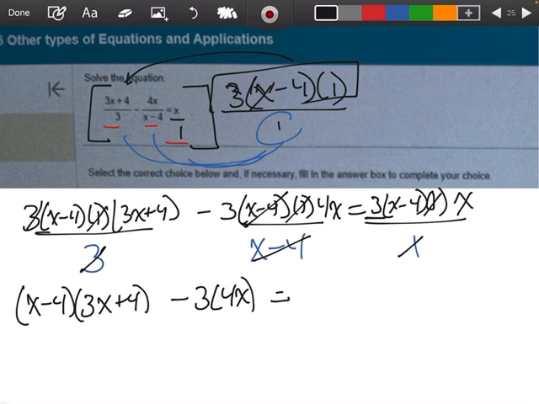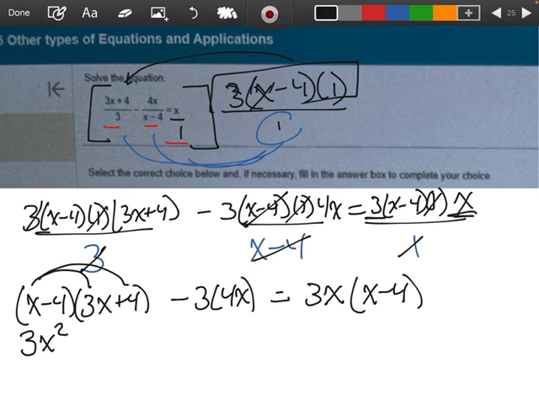What I'm gonna do here is put this guy and this guy in front, 3x, and then put my x minus 4 right here. We're gonna go one step at a time. x times 3x is 3x squared. x times 4 is plus 4x.